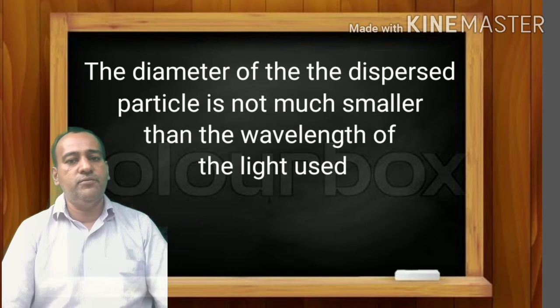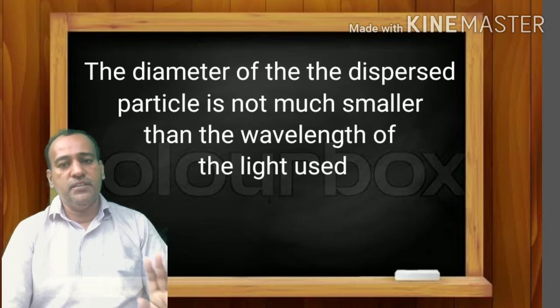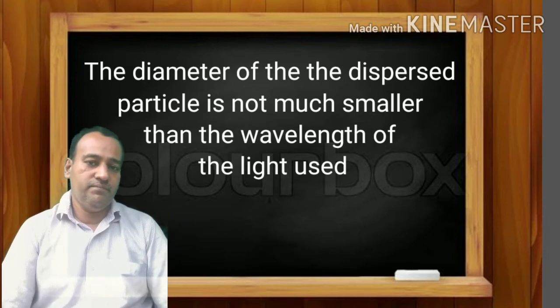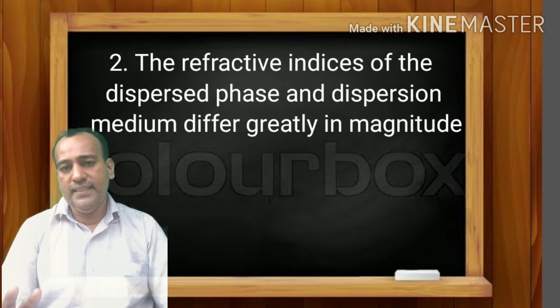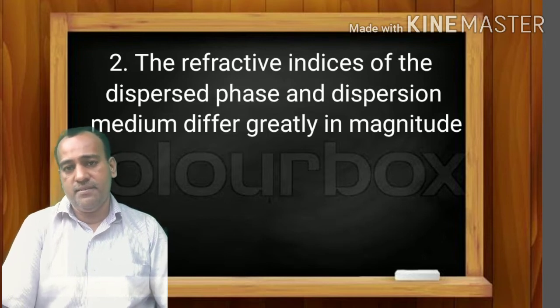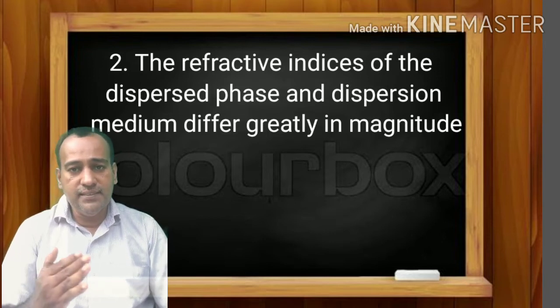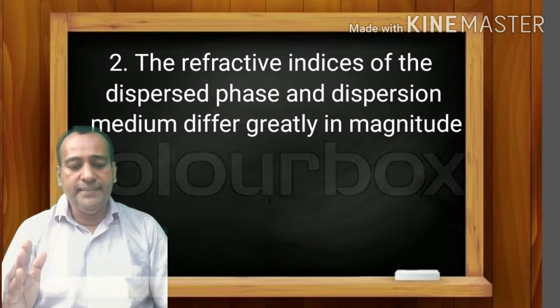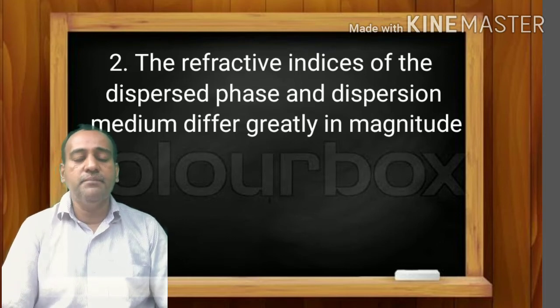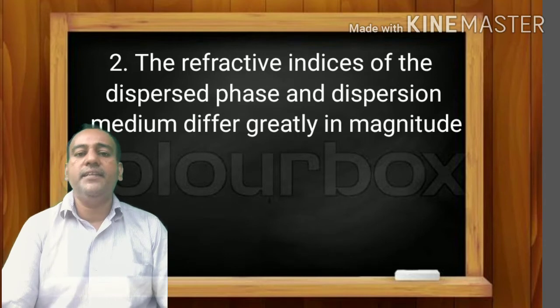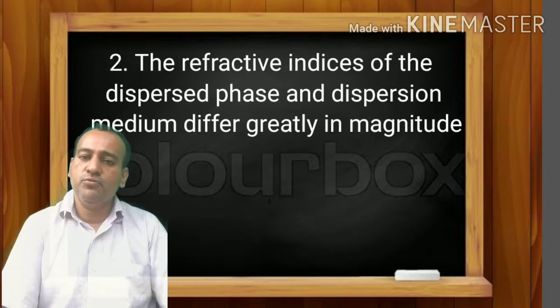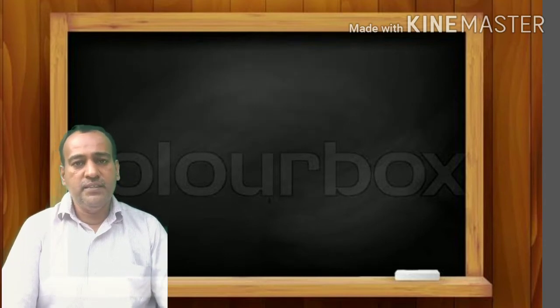The wavelength of the light used and the size of the particle should be almost equal. The second one is that the refractive index of the dispersed phase and the dispersion medium should differ greatly in magnitude. These are the two conditions for the Tyndall effect.